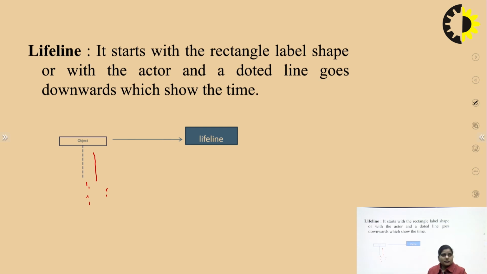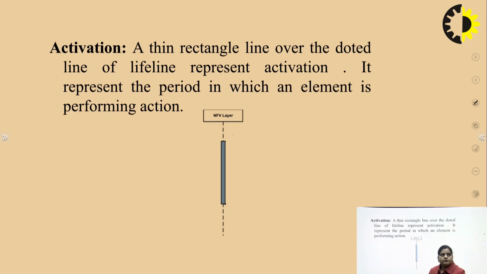The lifeline starts with the rectangle label shape and also with the actors, and the dotted line goes downwards until the particular object is activated in that process. After that, it will abort.